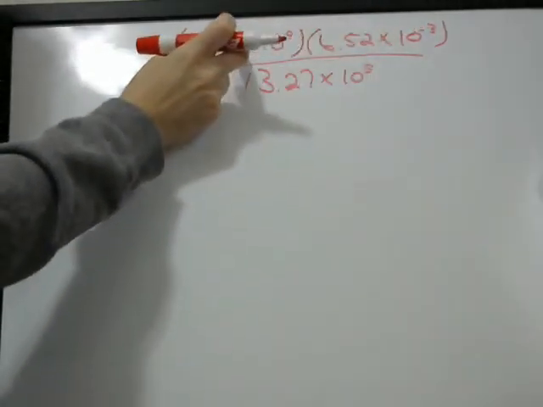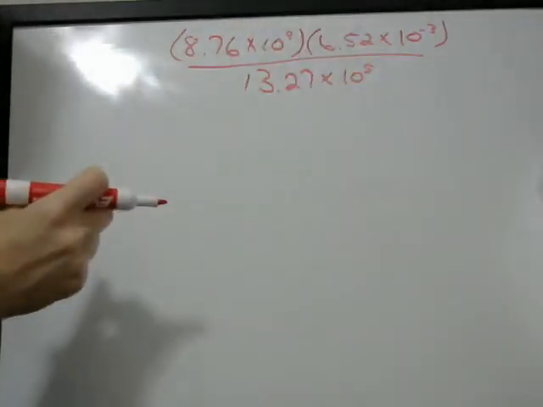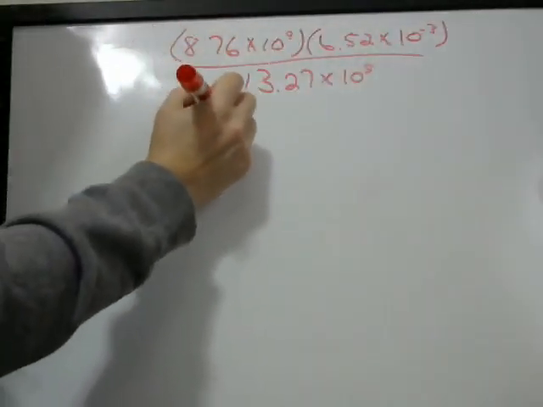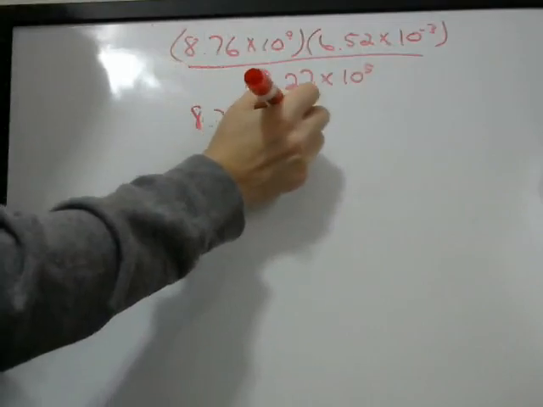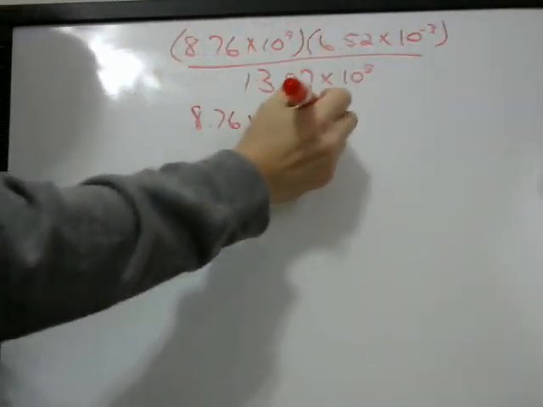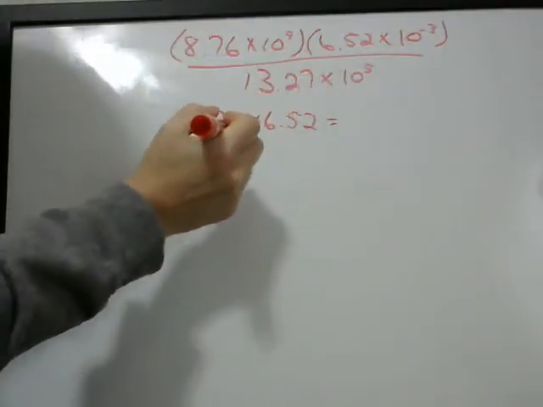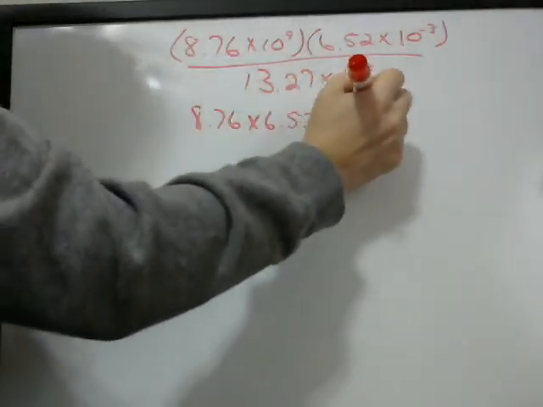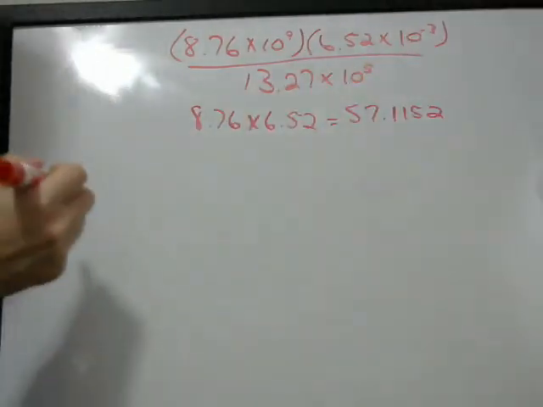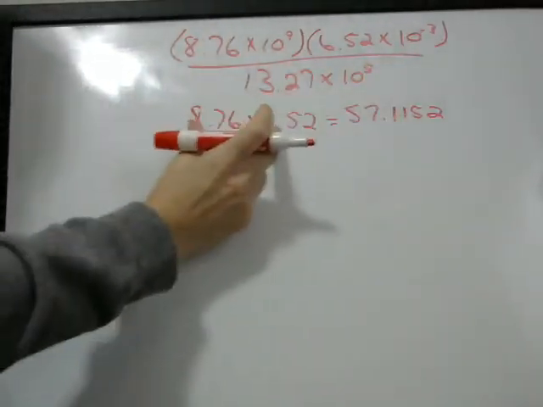You're just going to do the operation on the base numbers, and then I'll show you how to deal with the tens. So here we're going to have 8.76 times 6.52. Since this is a multiplication, we multiply these two numbers, and you're going to end up with 57.1152. So that'll be the base part of our answer.